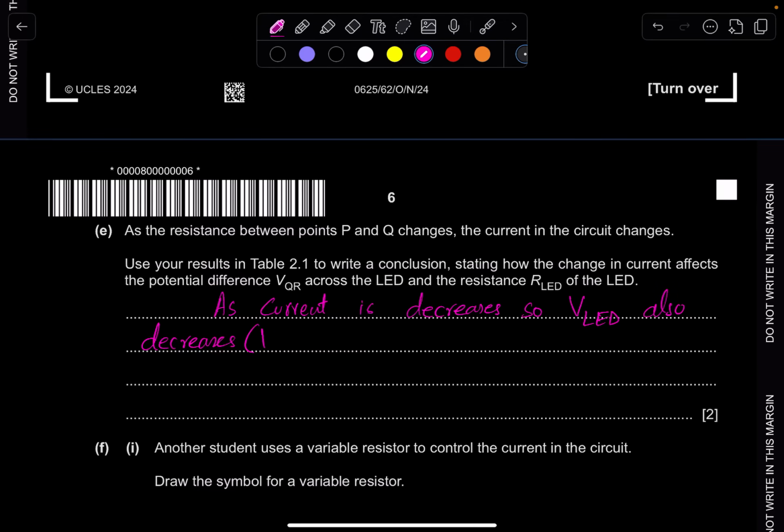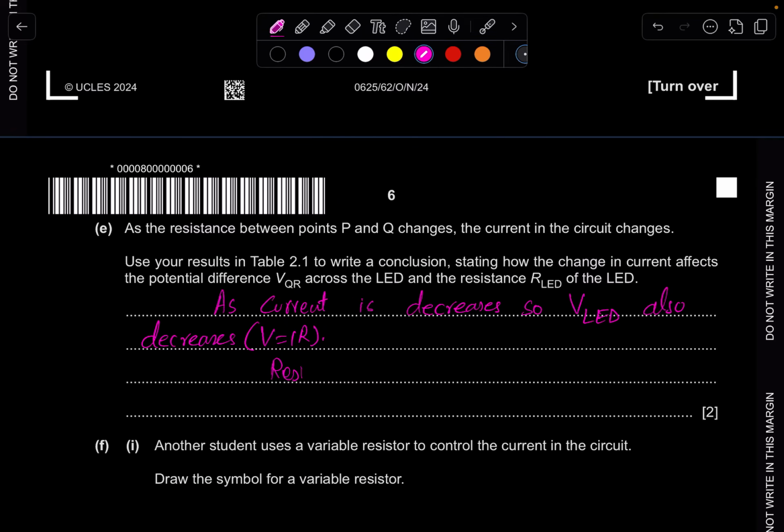Okay, because we know that V is equal to IR. Okay, and we can say that resistance of LED also increases. Okay, so you have to comment on the current and resistance only of LED.